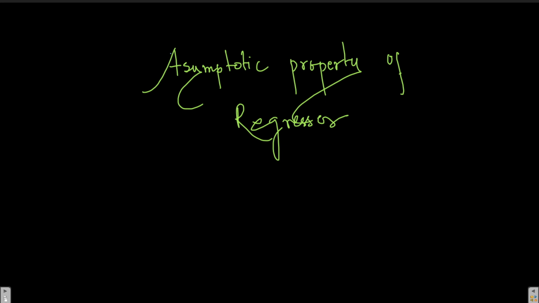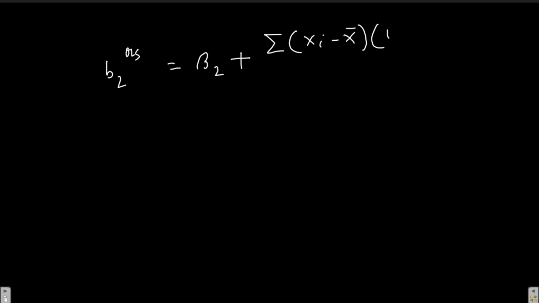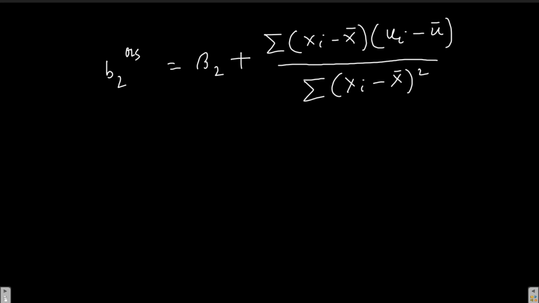Now before I proceed to explain this idea, let me first write down a formula that we have been writing all throughout, and that is B2 OLS is equal to beta 2 plus summation xi minus x bar into ui minus u bar divided by summation xi minus x bar whole square, and this all numerator as well as the denominator is over all n.